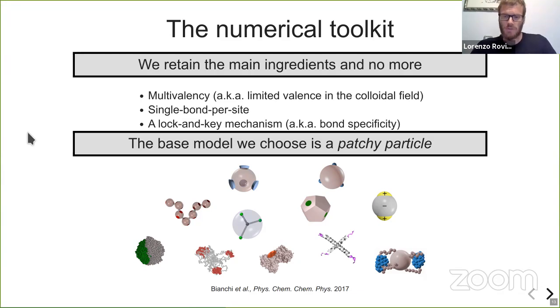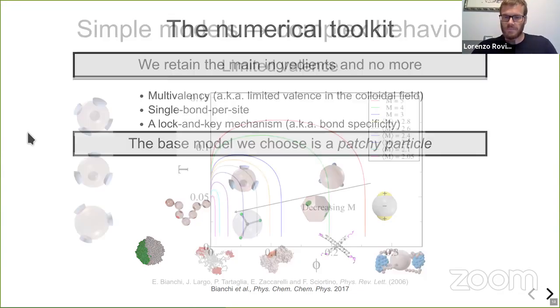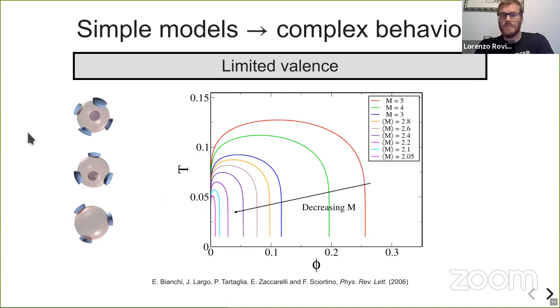It's a really straightforward model, but notwithstanding its simplicity, it can give rise to very interesting effects. This is, for example, an effect that's very important also in the protein world. It is a quite famous effect.